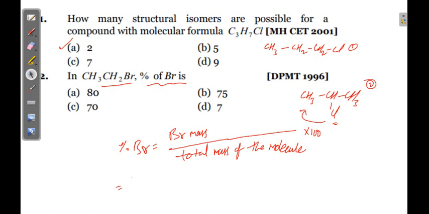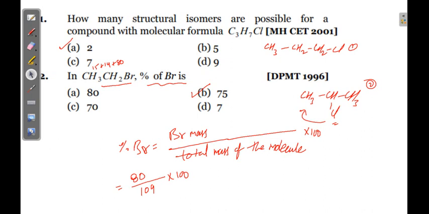Bromine is approximately 80. Then CH3, CH2: CH3 is 15, CH2 is 14, plus 80. 15 plus 14 is 29, plus 80 is 109, into 100. This is the percentage. So C, approximately you will get 75. You can calculate.